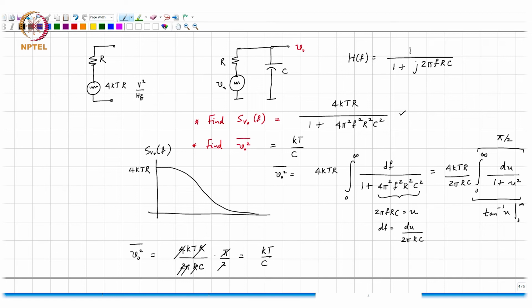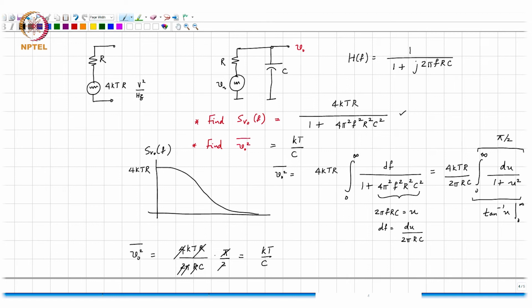Now, we are a little bit puzzled. This integral seems pretty complicated, right? Perhaps we made a mistake. How is it possible that the mean square noise is this? After all, the noise is coming from where? From the resistor, but the total integrated noise has got no R in it at all, right?